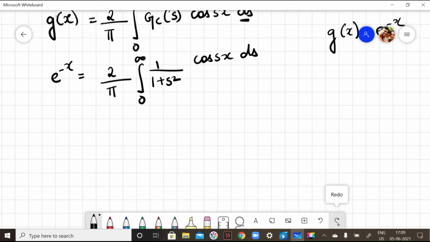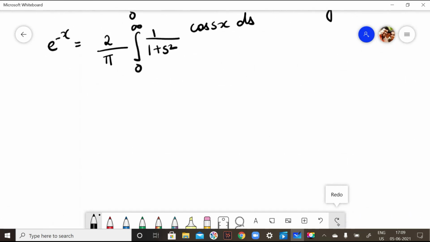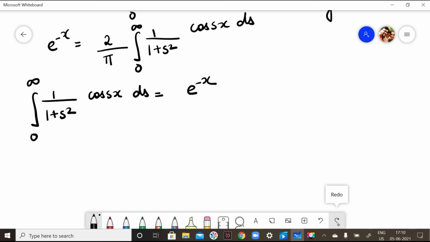Okay, now I rewrite this as integral 0 to infinity 1 by 1 plus s square cos sx ds is equal to e to the power minus x. I take this pi here, so into pi by 2.